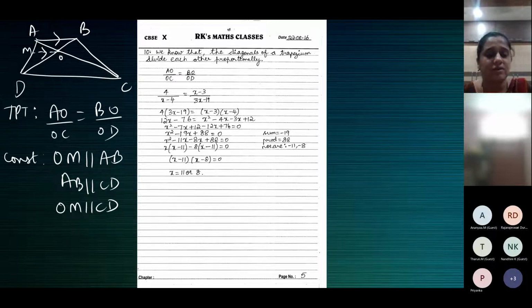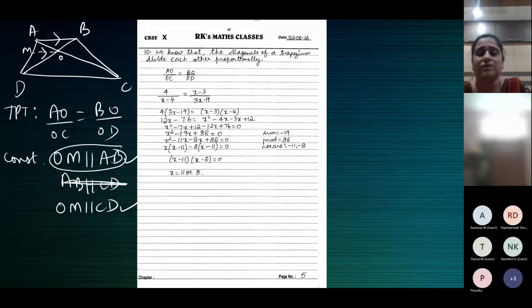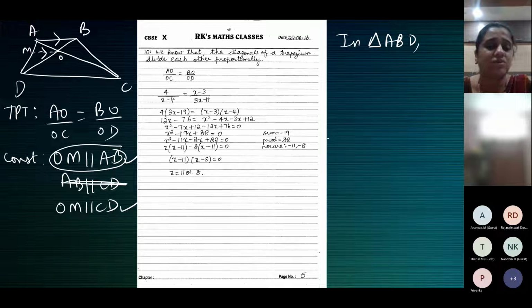Now leave this one, AB parallel to CD is in the trapezium. Now look at these two results. Take the triangle where you have OM parallel to AB. OM parallel to AB is in triangle ABD.